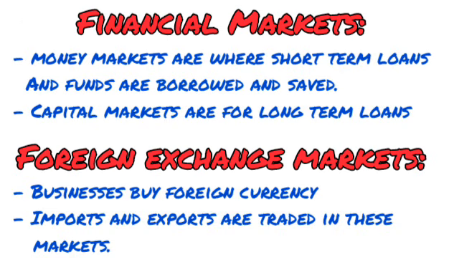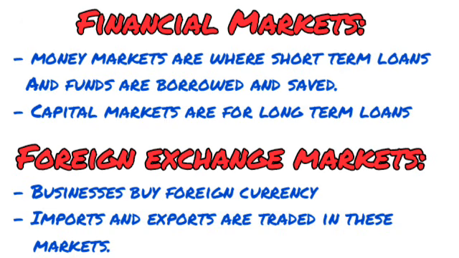Whereas when you are looking for long-term loans like mortgages, or the type of loans that businesses take, we are now looking at the capital markets. So that's why the capital markets are for long-term loans and long-term funds such as investments. So if a business has some money that it wants to invest, it will invest it in the financial market.